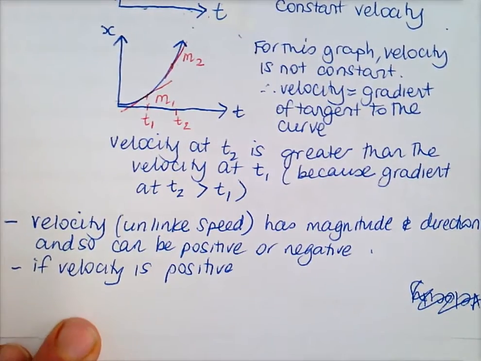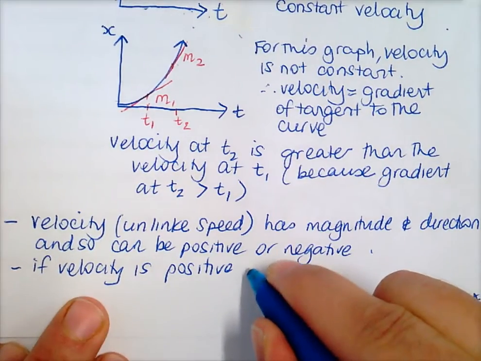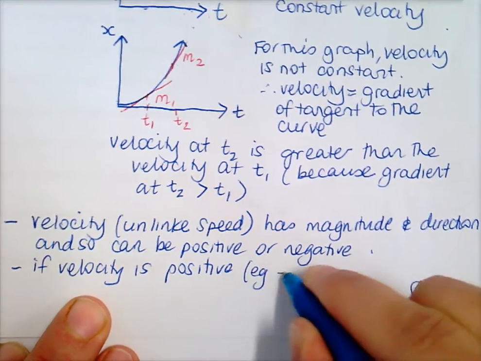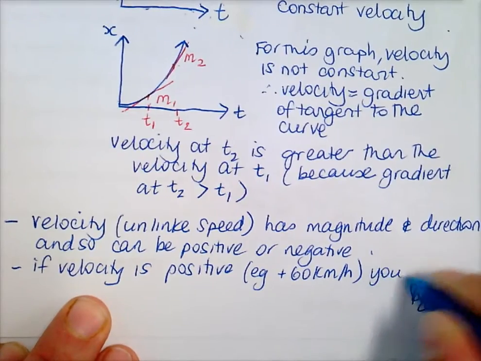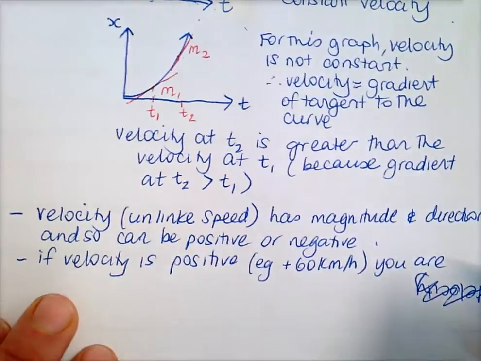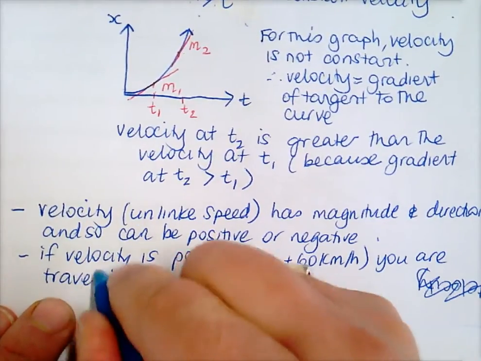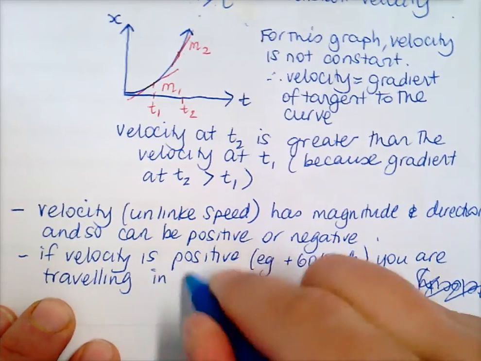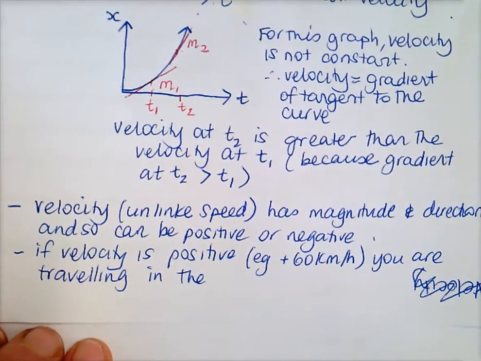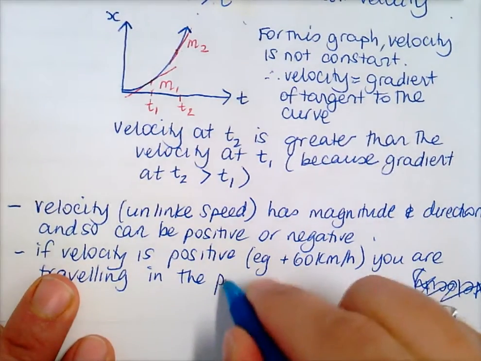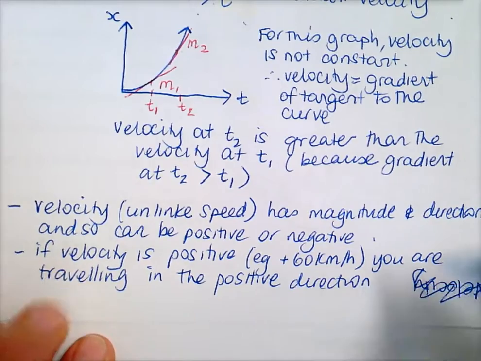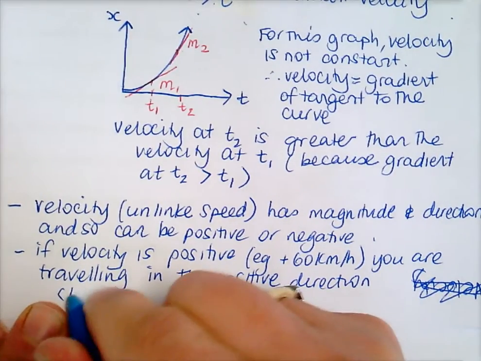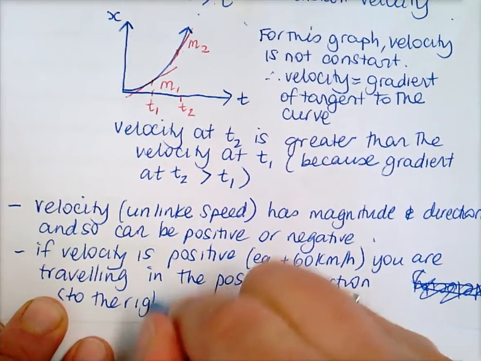In the forward direction. So if velocity is positive, for example, positive 60 kilometres per hour, you are travelling in the positive direction, which is often to the right.